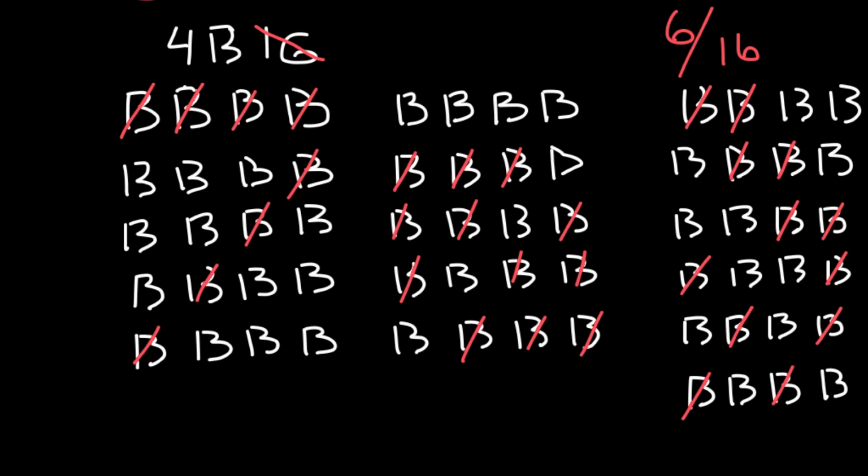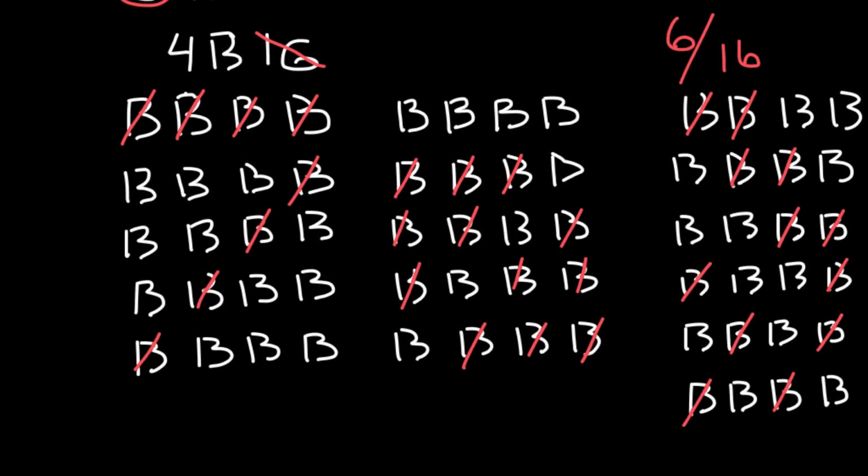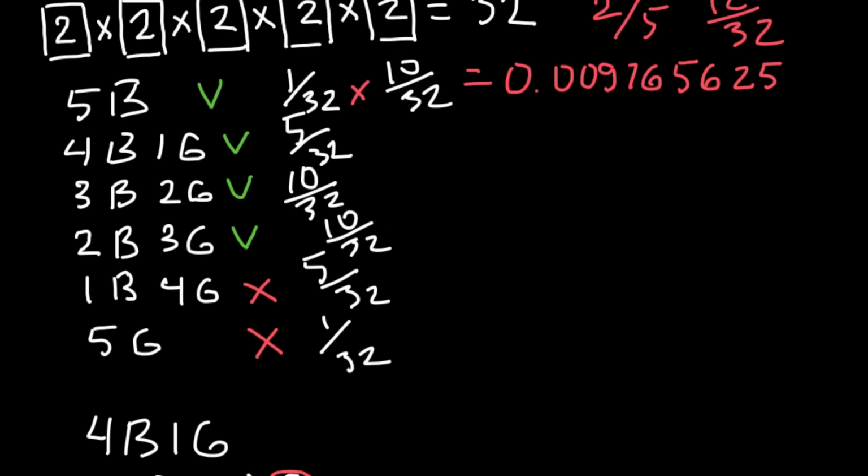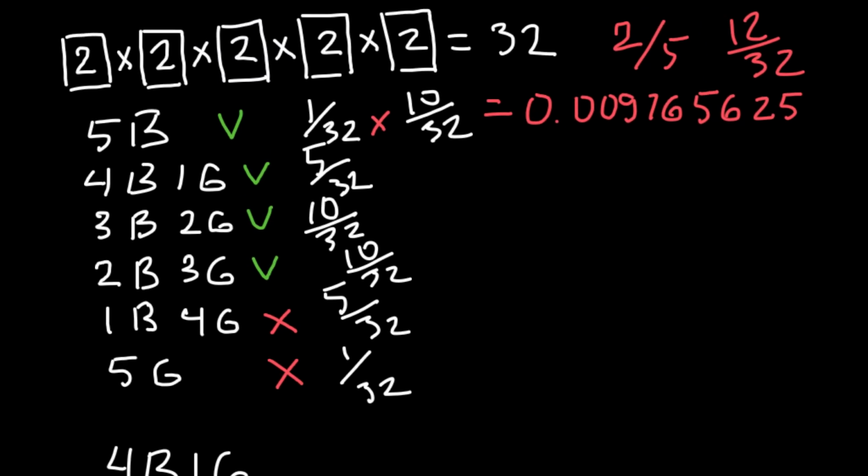So let's list this frequency in our original table here. So this is going to be 6 out of 16. Once again, because these are two independent probabilities, we have to multiply them in order to find the probability that these two independent probabilities would happen simultaneously.